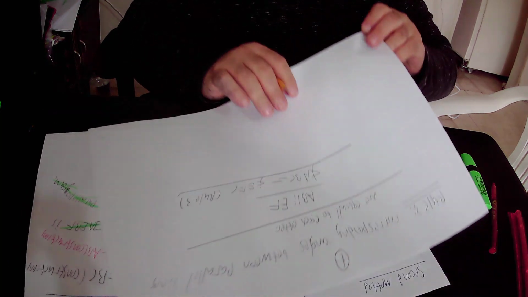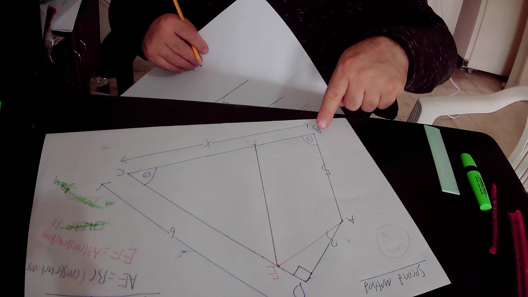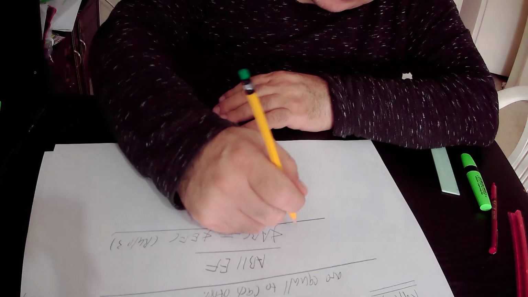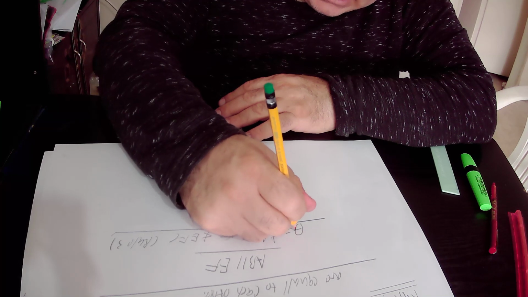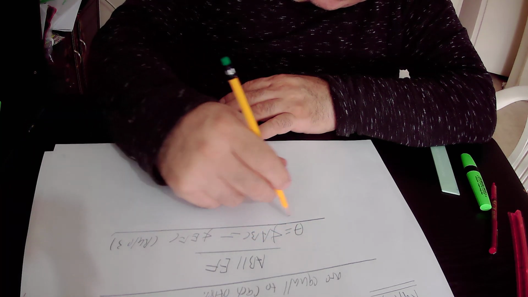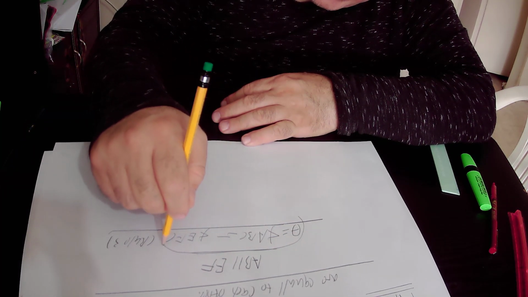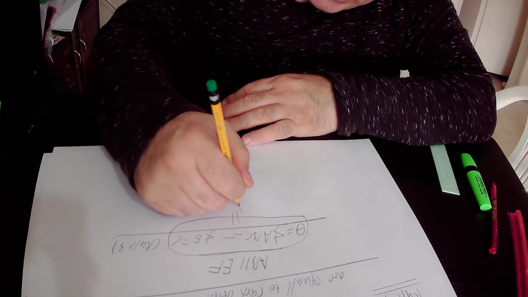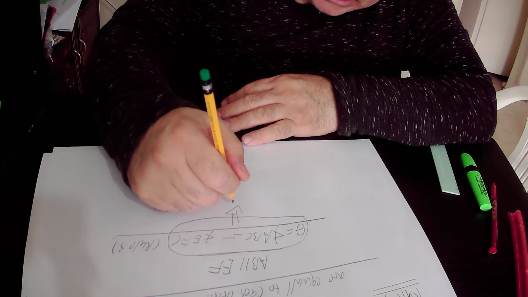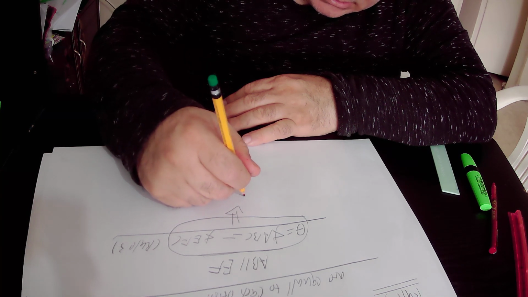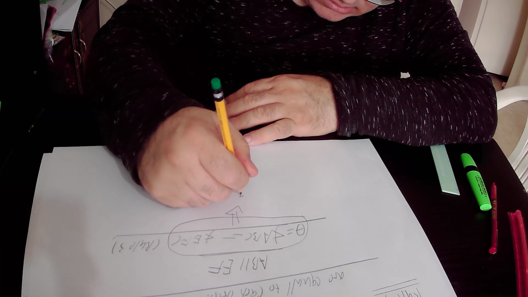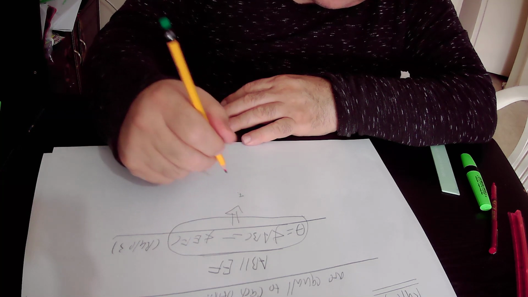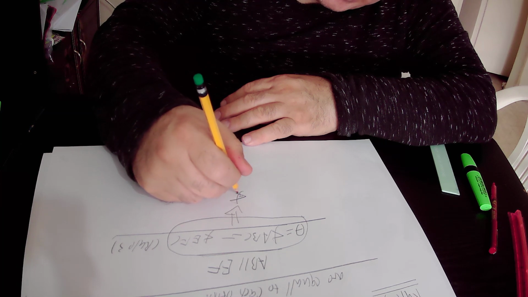But here, angle ABC equals theta according to what is given in the question. So we can write here that angle ABC equals theta. And from this equation, theta equals angle ABC equals angle EFC. We derive that angle EFC is also equal to theta.